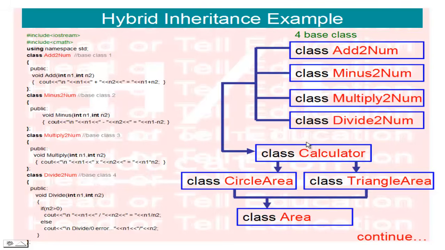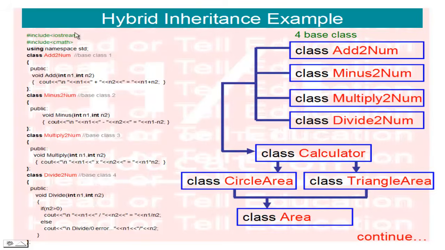Next, after using this calculator, I created two classes: circle area and triangle area. Finally, using both classes, I derived one class called area. This is the type of inheritance I am using in our example, and it is called hybrid inheritance. It is very simple.